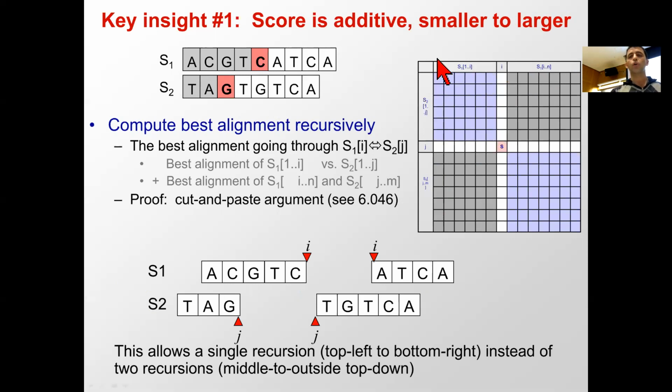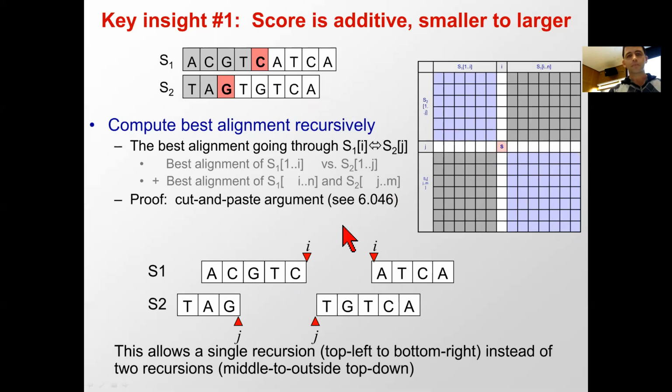And then in order to compute the best score of the whole sequence S1 to the whole sequence S2, I will have to compute that score that goes through C and G, that basically aligns the C nucleotide to the G nucleotide. That score better be made up of the best way of aligning this and the best way of aligning that, okay?